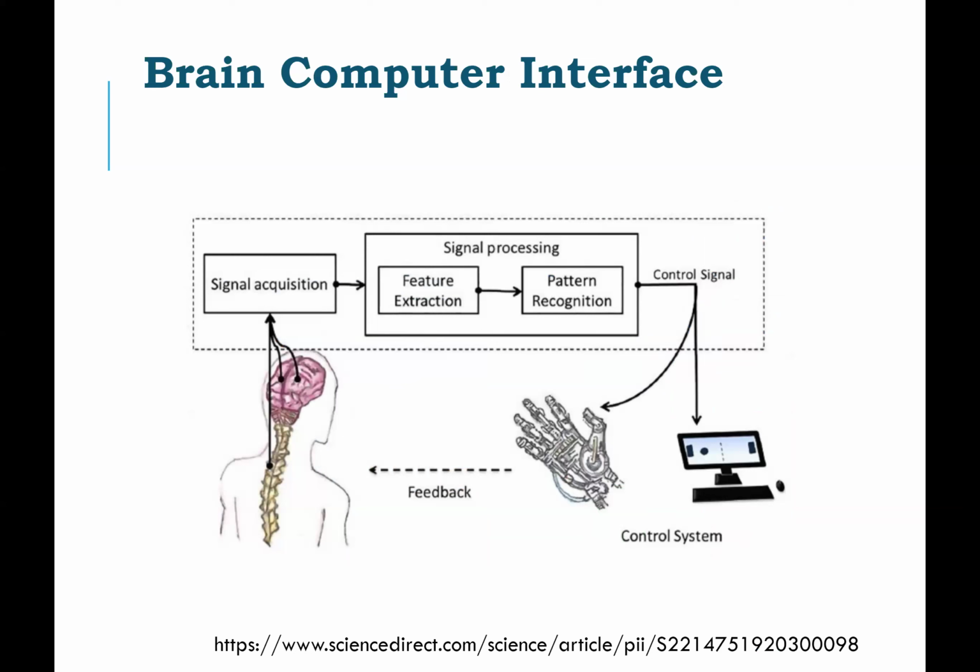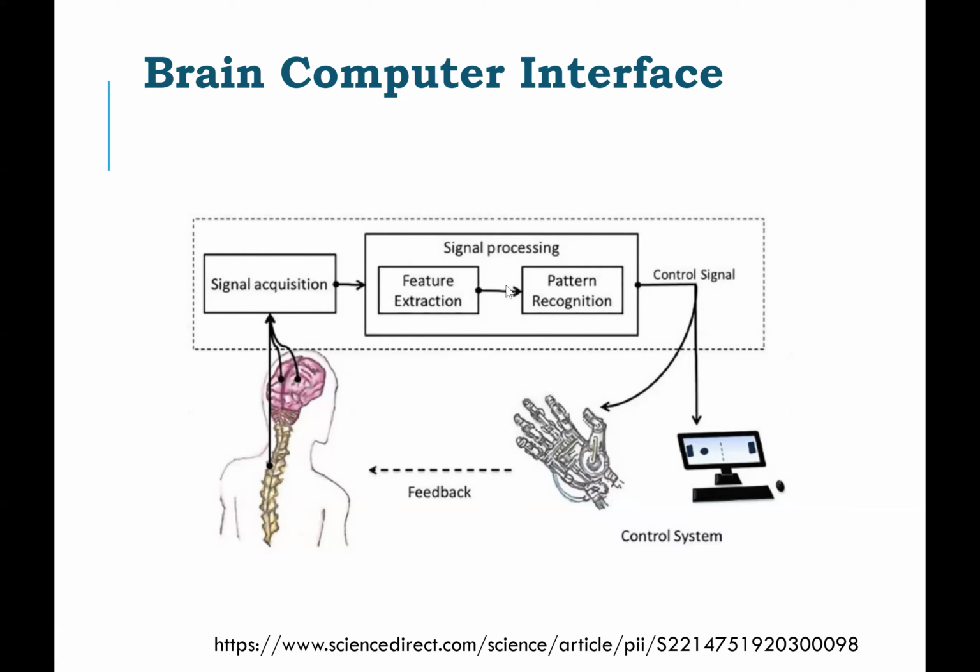Okay, so these are the components of a brain-computer interface, of a BCI. You have the brain here, and you could record from the motor areas, or you could record from the brain stem, depending on where the damage is. So you get the signal. The signal is the neural activity that we talked about. You process this signal.